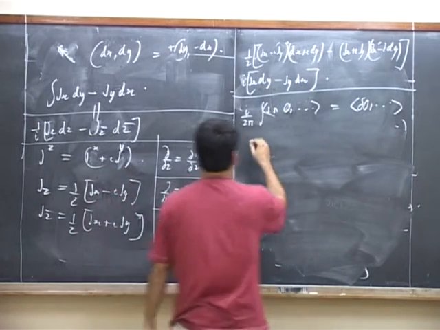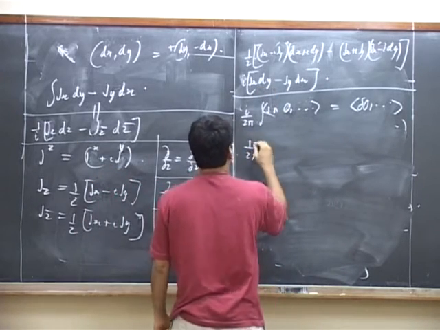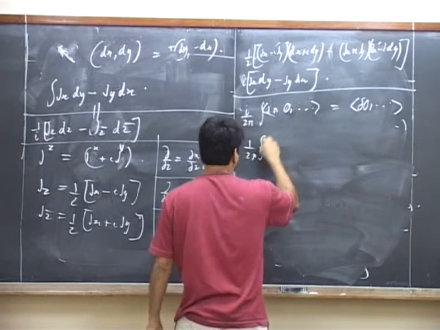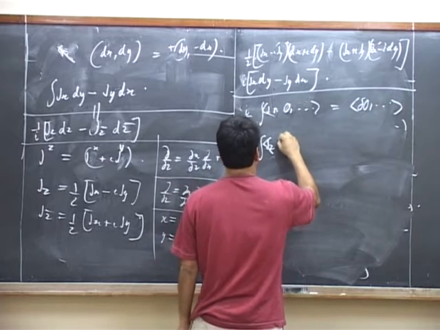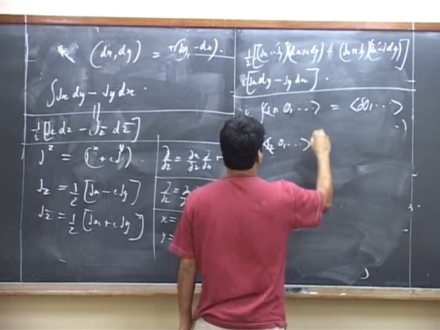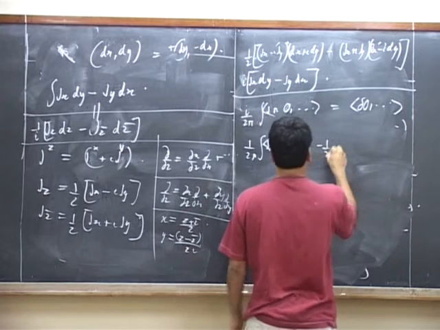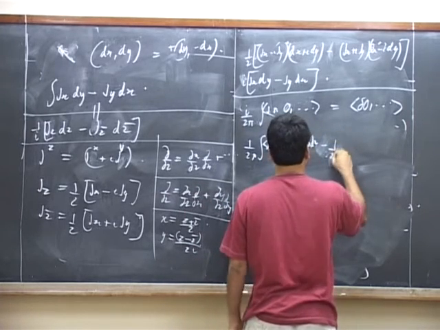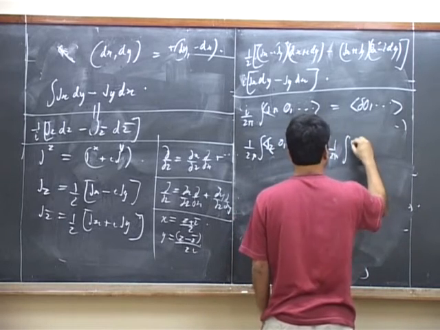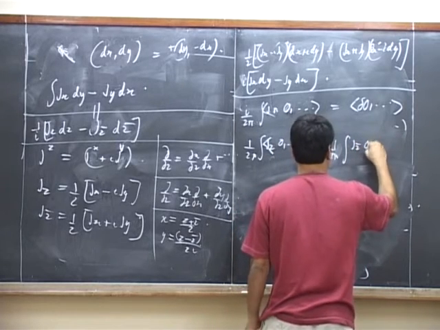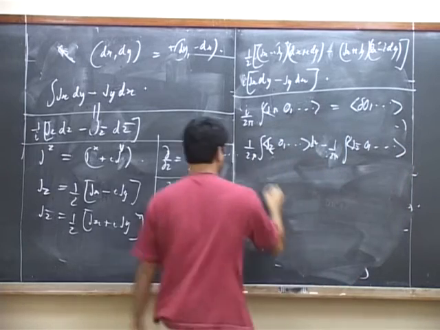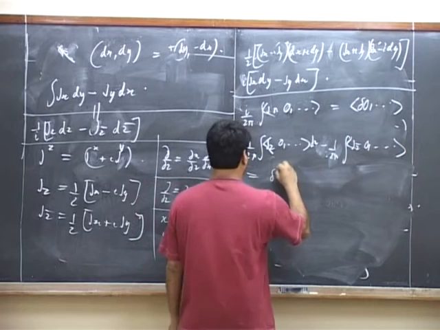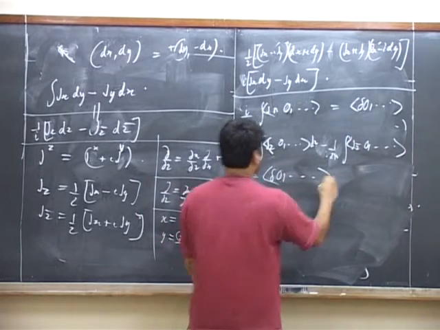Okay, good. So J dot n is Jz. So this thing is 1 by 2 pi Jz O1 blah blah blah, minus 1 by 2 pi, this is dz, minus 1 by 2 pi Jz bar O1 blah blah blah is equal to delta O1 blah blah blah.